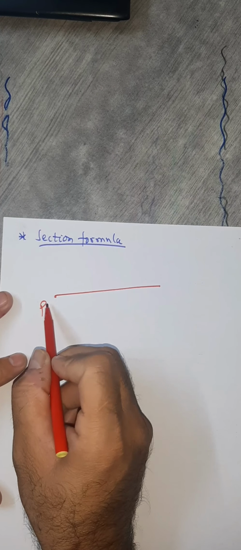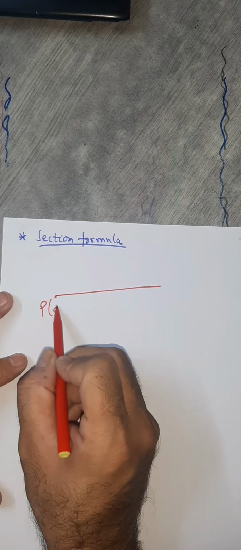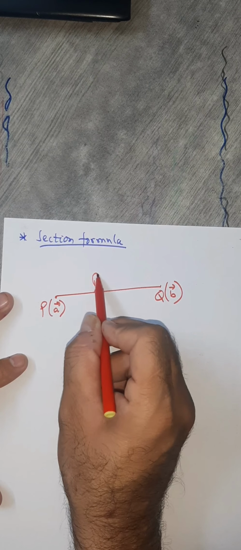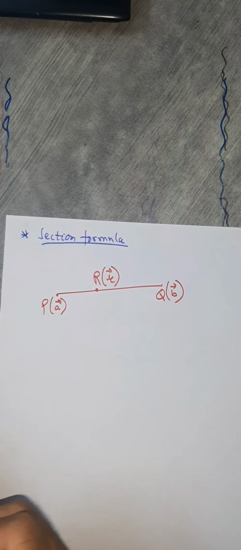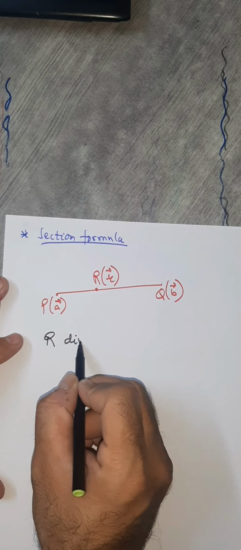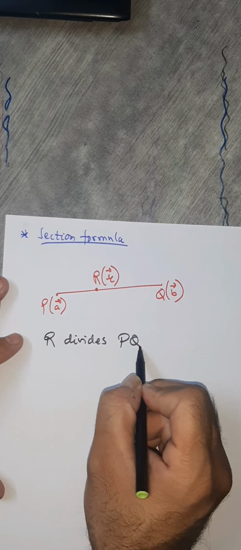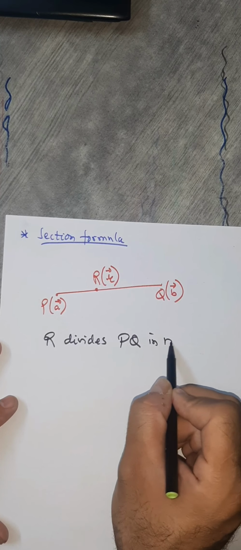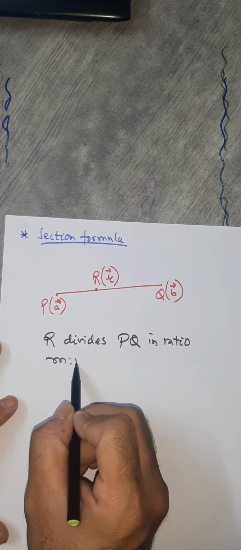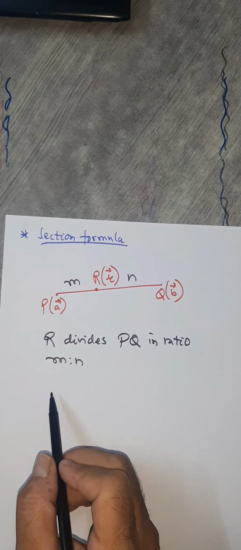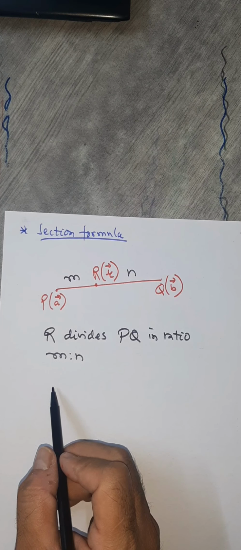Let's say P with position vector A, another point Q with position vector B. We have one point R whose position vector is vector R. Here, R divides line segment PQ in the ratio, say, M is to N. So this is M units and this is N units, if you remember. We did the same thing, if you recall.